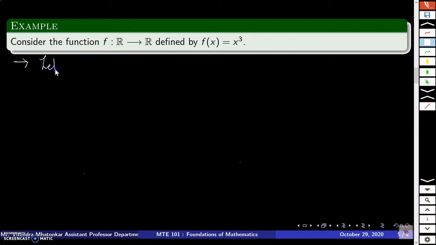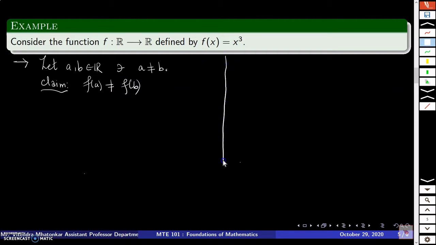So let me start with 2 points a comma b in R such that a is not equal to b, right? So our claim is f of a is not equal to f of b. If we are able to show this, then we can say that the function x cube is a 1-1 function, right?